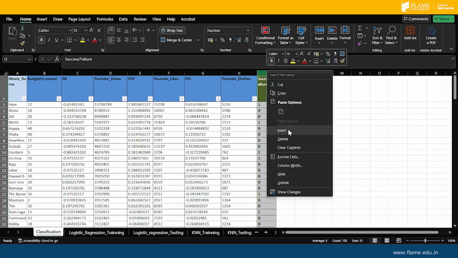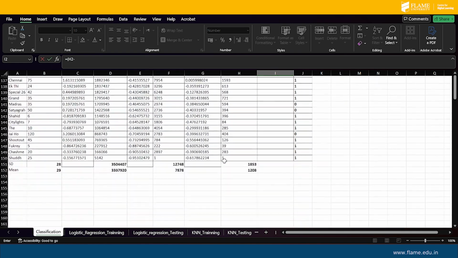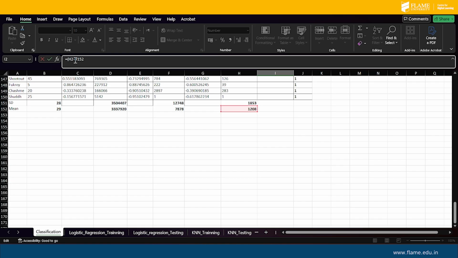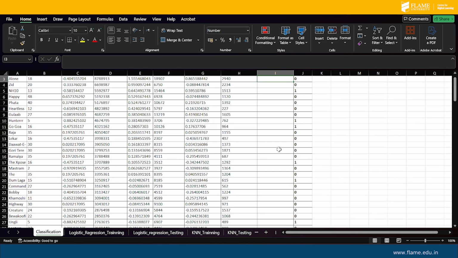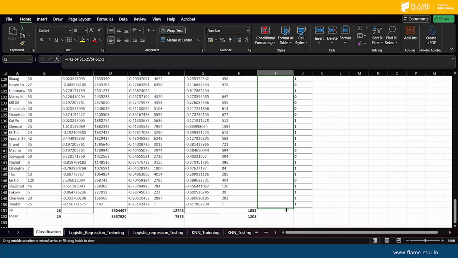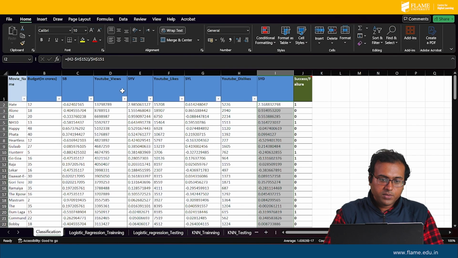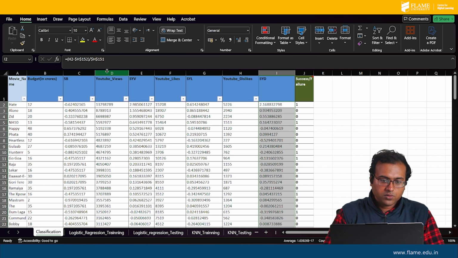And finally, last, standardized YouTube dislike equal to the value minus the mean, divided by the standard deviation, and make it general.